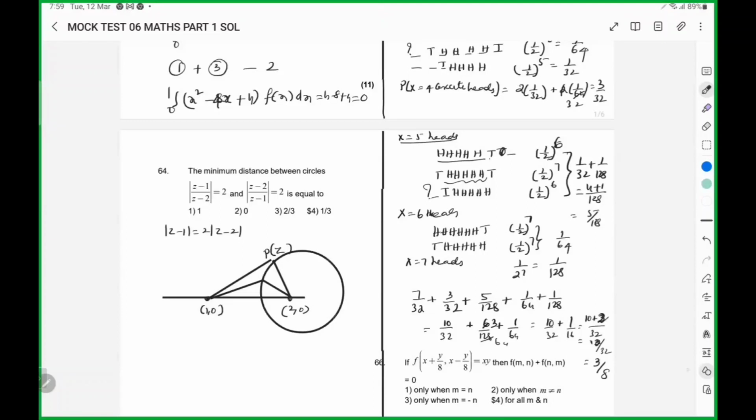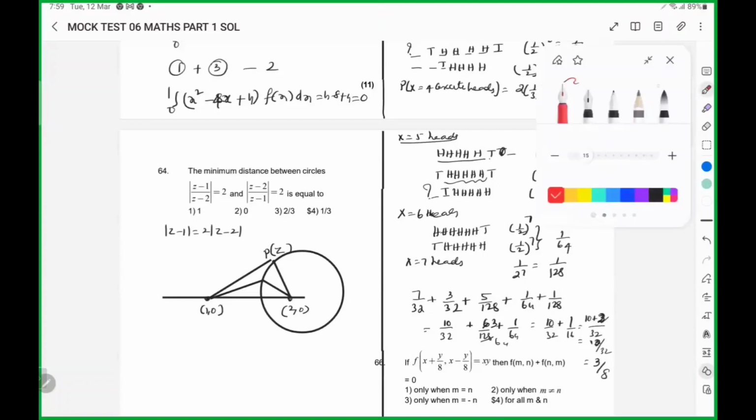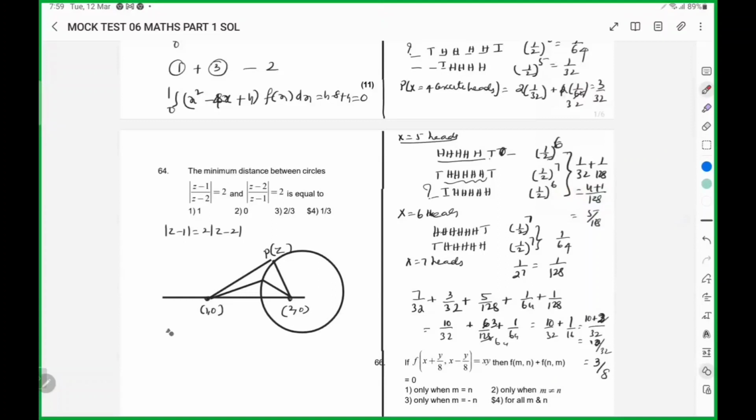Now, similarly, Z minus 2 is 2 times Z minus 1. So here somewhere Z minus 2 represents this distance Z minus 1.